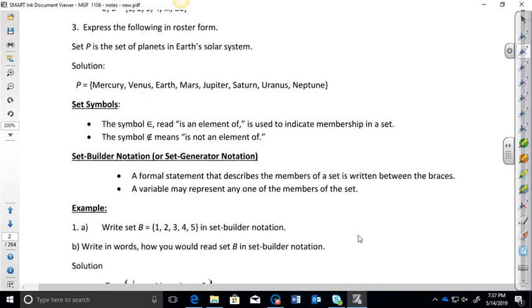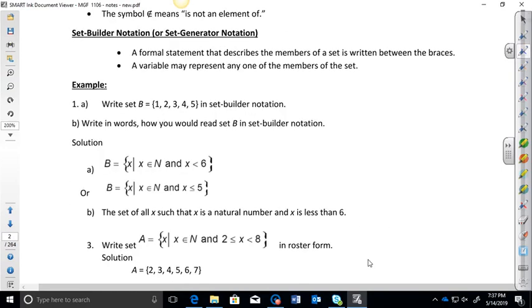Set builder notation. This is how we write in set builder notation. Set of all x such that, then we say what is this x? x is in the set of natural numbers and x is less than 6. Or you can say x is less than or equal to 5. You don't have to say it like that.